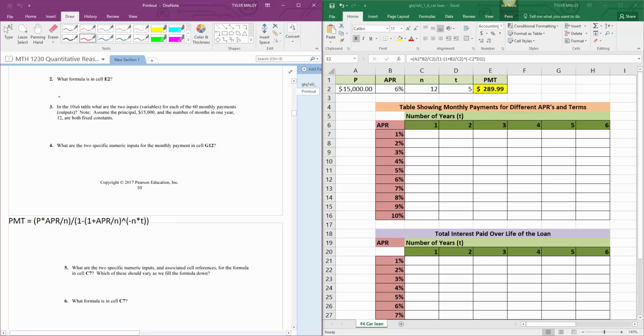So I'm going to want the input function in here. I always start all my formulas with equals in Excel. So I would do equals, then open parenthesis, and I want to take the principal, which is in cell A2, times, an asterisk, the APR, which is B2, and then divided by N, which is C2.